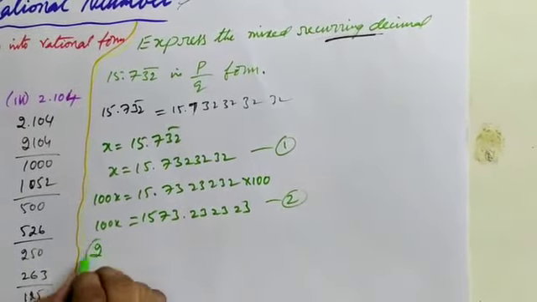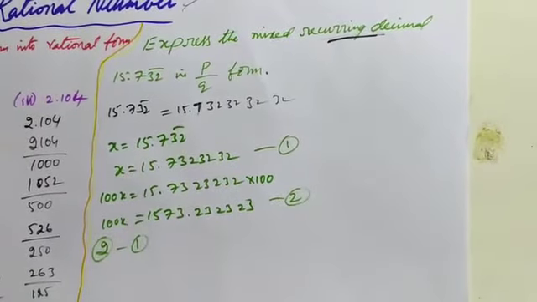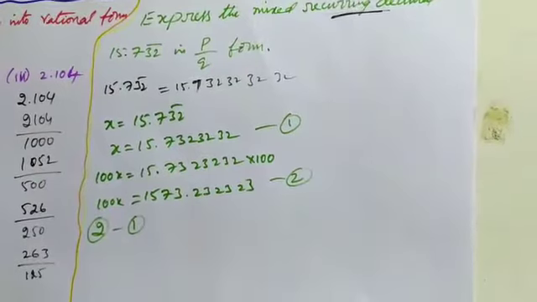Finally, equation number 2 minus equation number 1. Why? Because compared to equation 2, equation 1 is small.